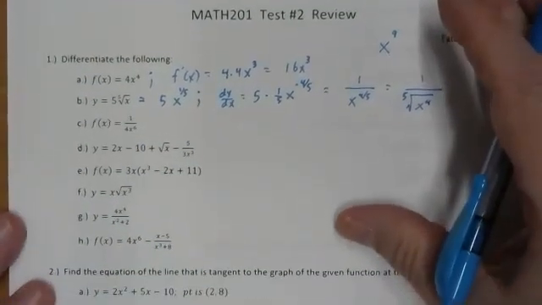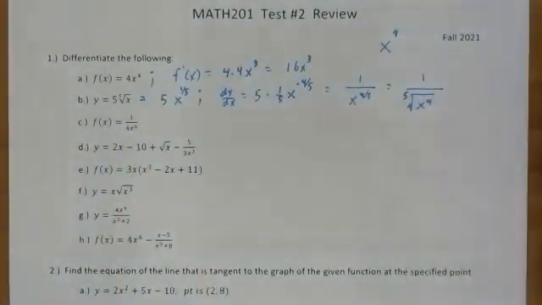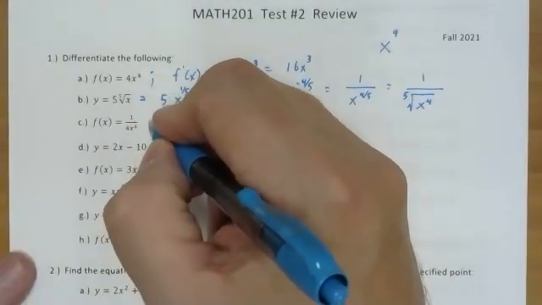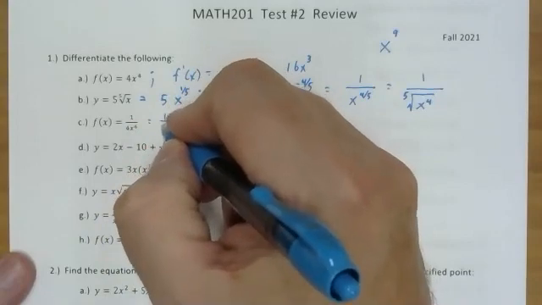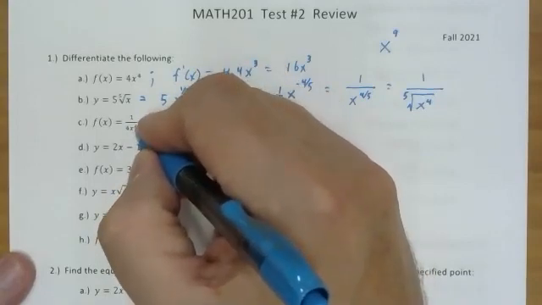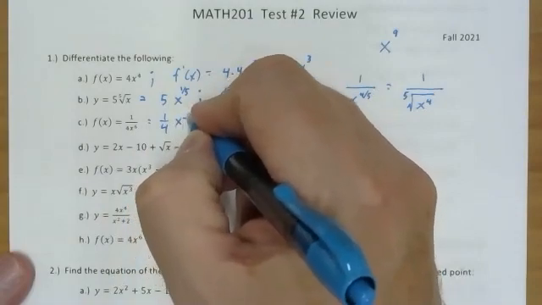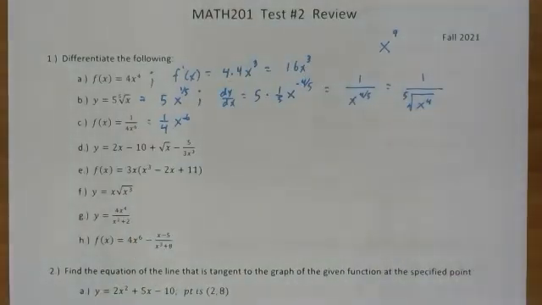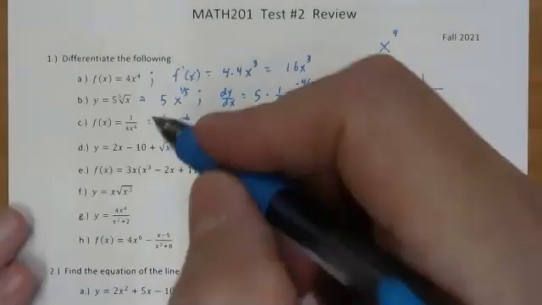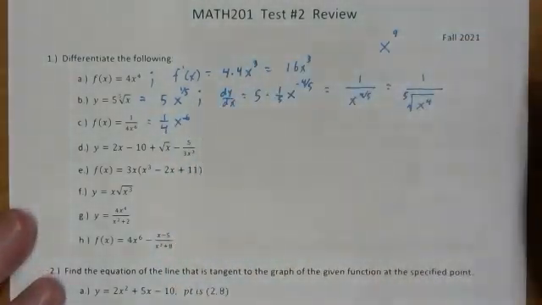C, once again, in its current form, I cannot use the power rule. However, x to the 6th in the denominator, I can move that to the top if I make the exponent a negative. So at this point now, I can apply the power rule.